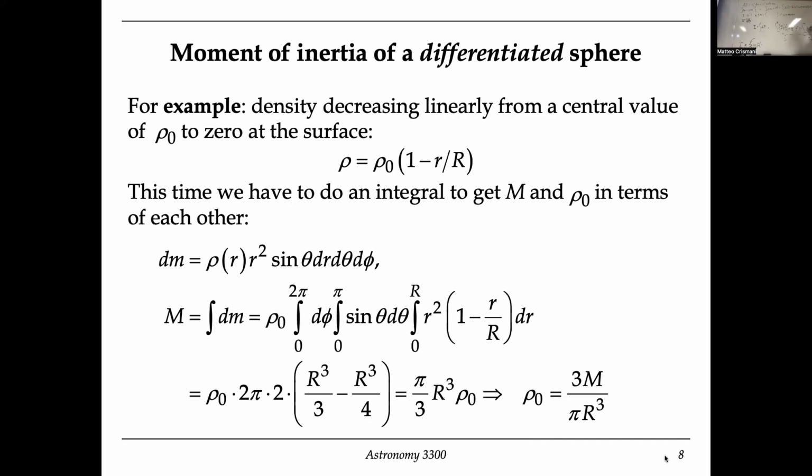So what is this? d phi. Good. And this one? Sine theta. Has the sine right up there?